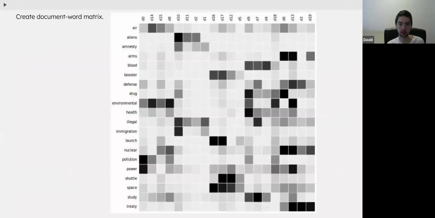It's kind of like this matrix, except that it's associating each word with every other word. So, for example, all the documents that encode the word air might also encode the word environmental. So instead of having words on one axis and documents on another axis, it would be words and words, looking at words that are in the same document.